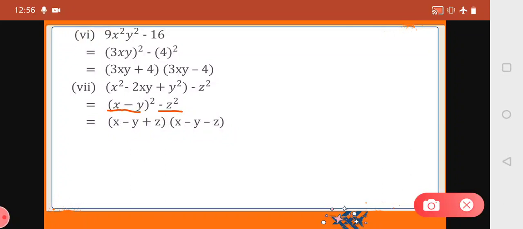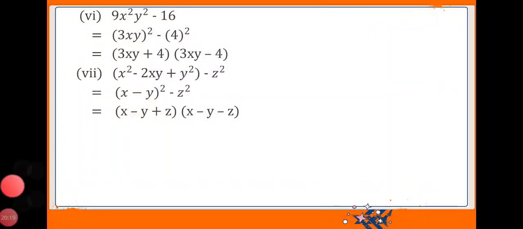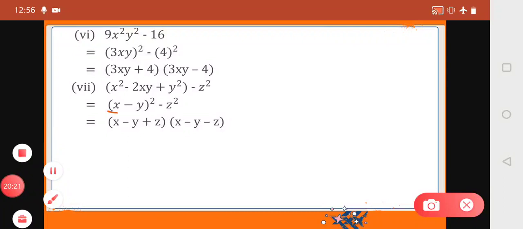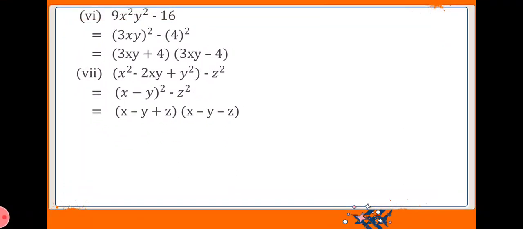Another time we have to subtract it, so we write x minus y minus z. Yes, so we will get (x minus y plus z) into (x minus y minus z). Question number 8.